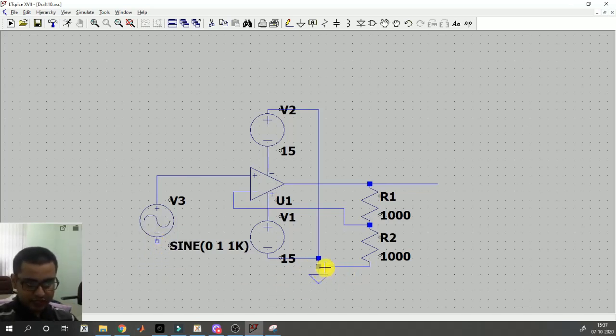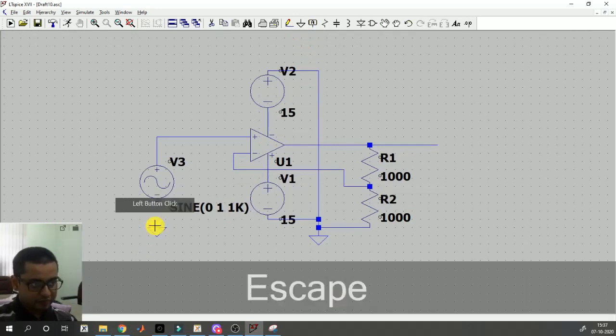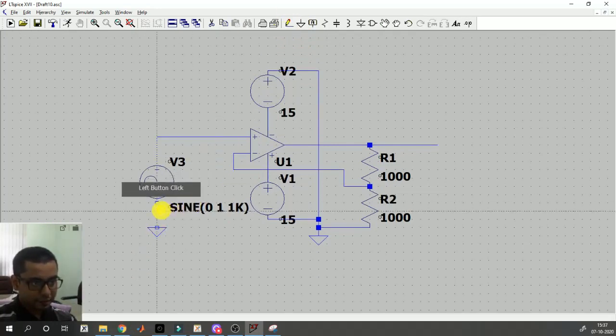This ground you can connect, or if you want to make your diagram cleaner, you can take another ground terminal and connect it here.